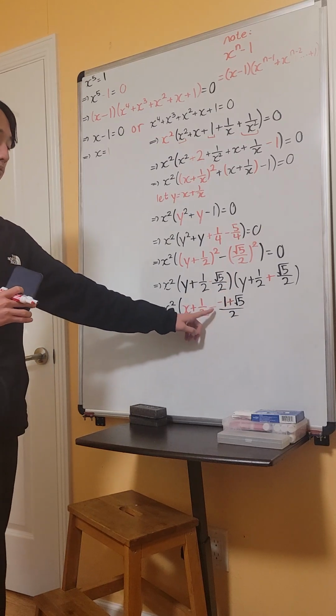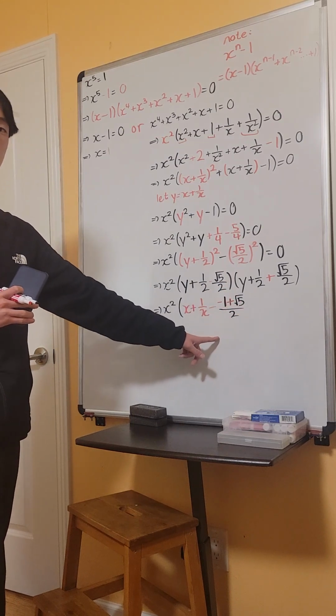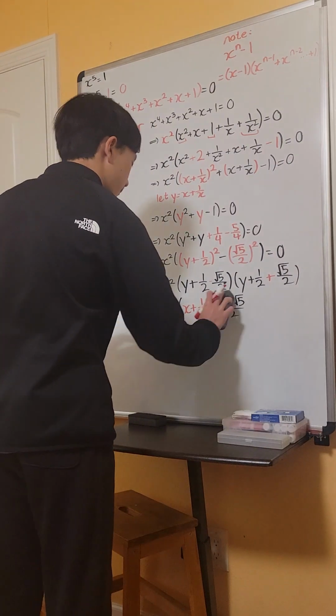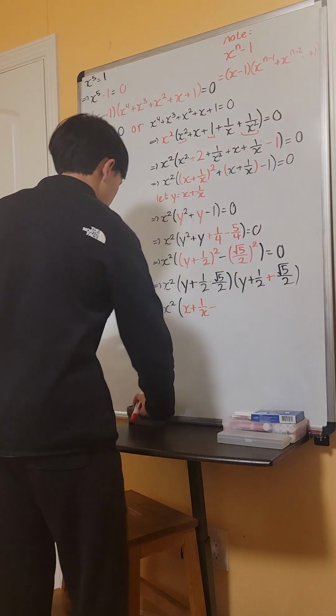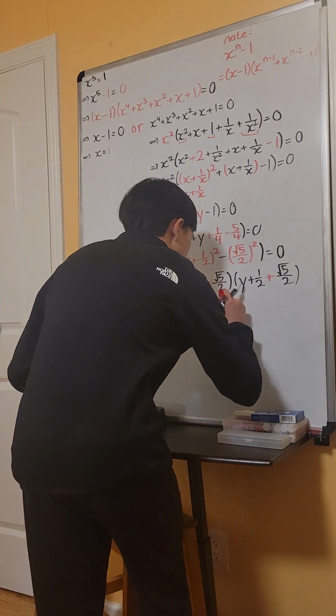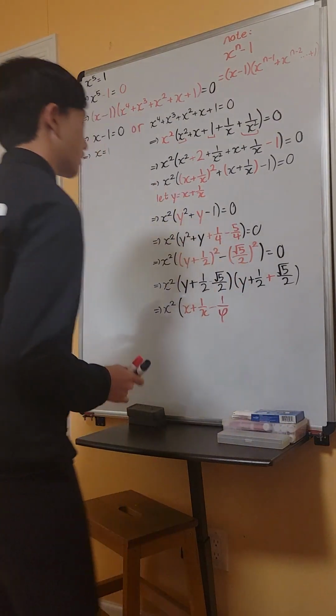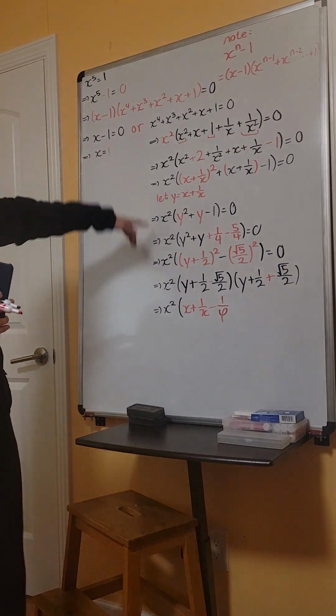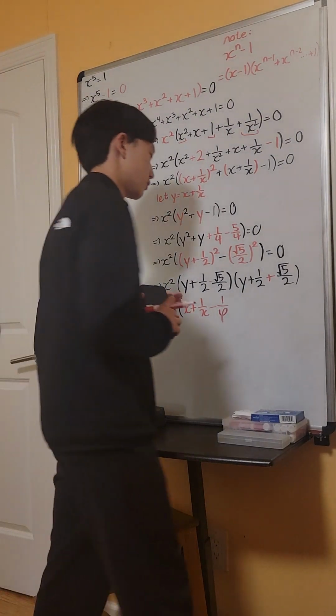This right here, (-1 + √5)/2, is 1 over phi. Phi is the golden ratio, so let's rewrite this as just 1 over phi. Yeah, maybe I'll dive into this in a second, but I want to finish off the algebra here.